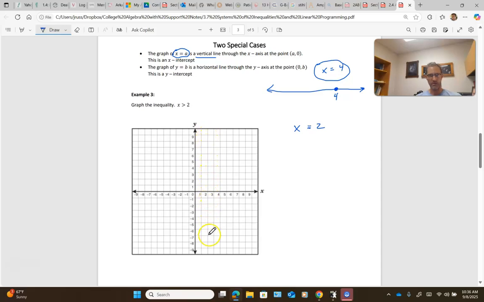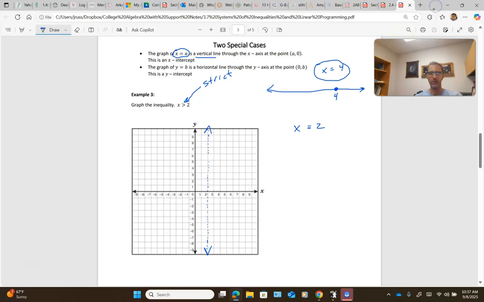So it's going to be a vertical line, but what kind of vertical line? It is going to be dashed, because that's a strict inequality. So what I need to do is draw a vertical line that goes through the x-axis at 2, and that is dashed. Okay, so there it is, right there.